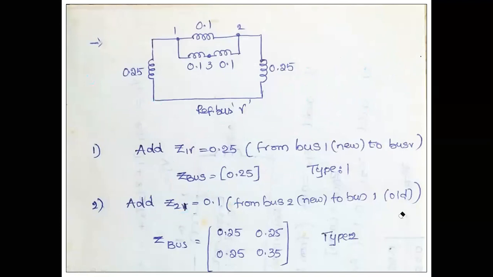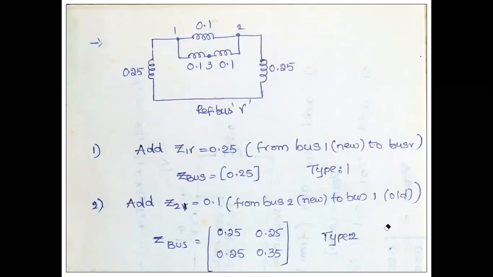Type 2 modification. So the first step, type 1 modification, has been already completed. Now in the second step, we have introduced type 2 modification. Again, we need to check whether type 2 modification is still repeating or it ended at the second step. We shall verify. Already we have introduced bus number 1 and bus number 2.